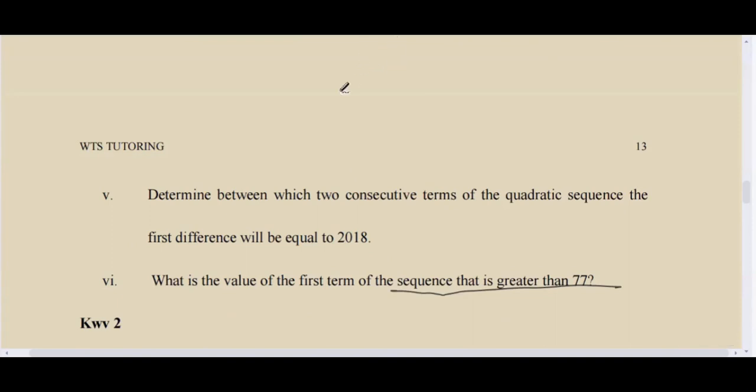So remember, we have Tn is equal to 2n squared minus 4n and then plus 7. Right. So now they're looking for the first term of the sequence that will be greater than 77. That means we can say 2n squared minus 4n plus 7 and then greater than 77.